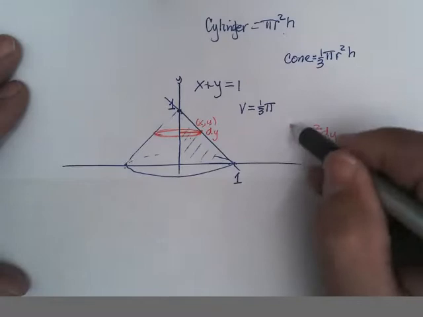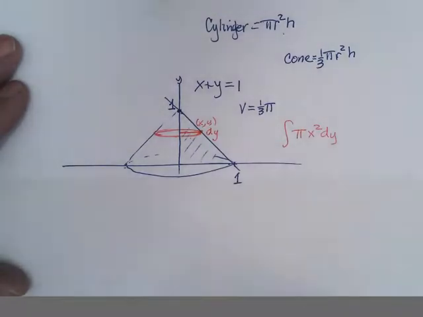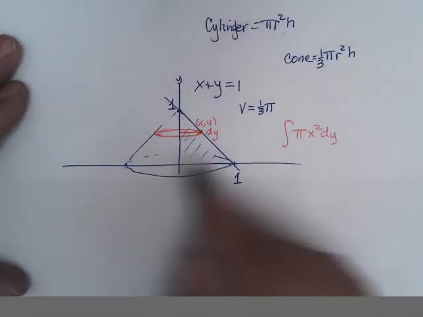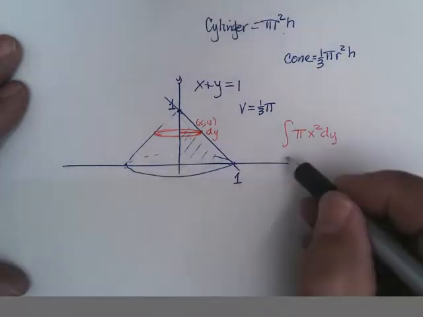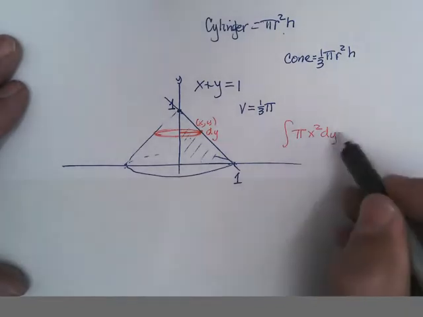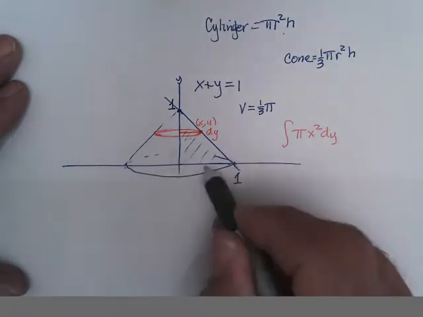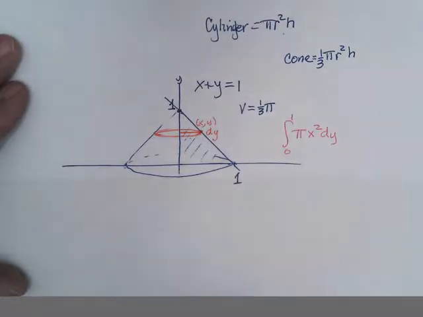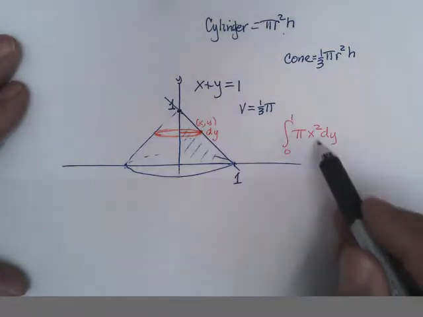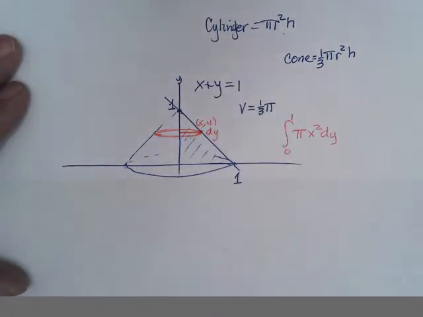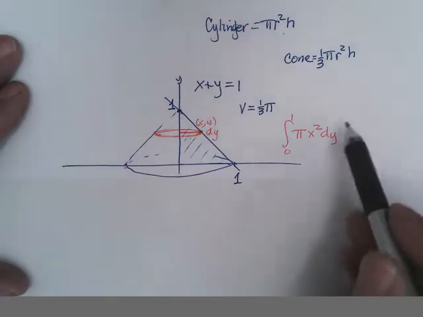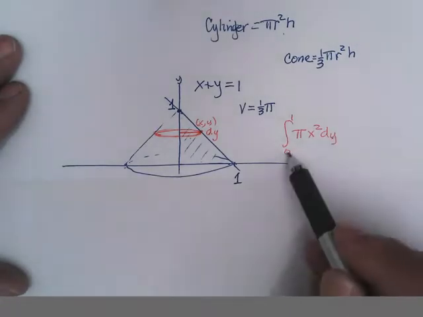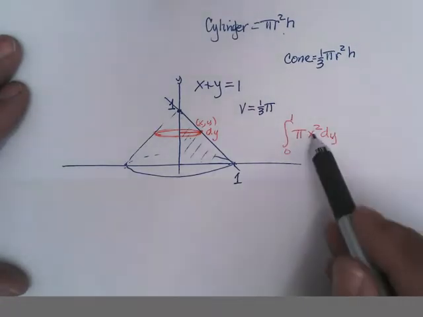And I want to add up all the disks that are stacking up to make this from y starting at 0 and going to 1. And if I do this correctly, I should get 1/3 pi. This is y. These are the limits for y, but there's an x in here.